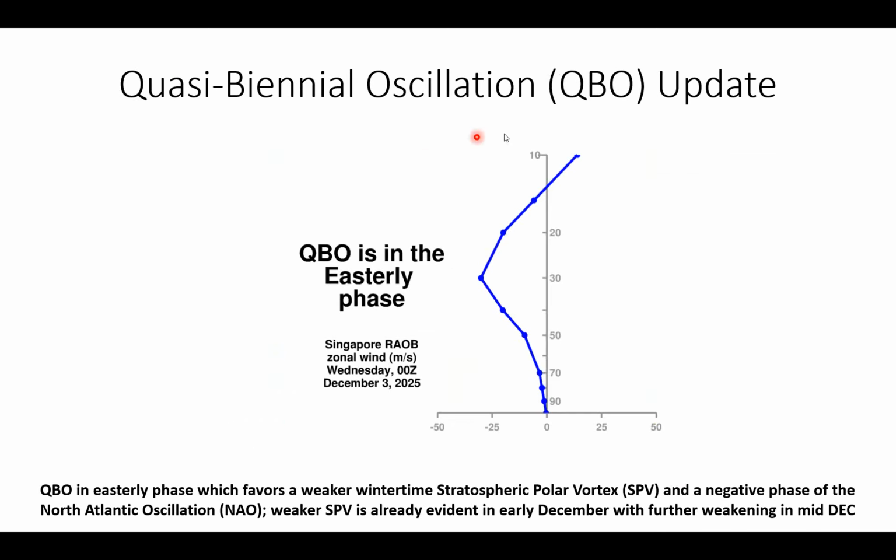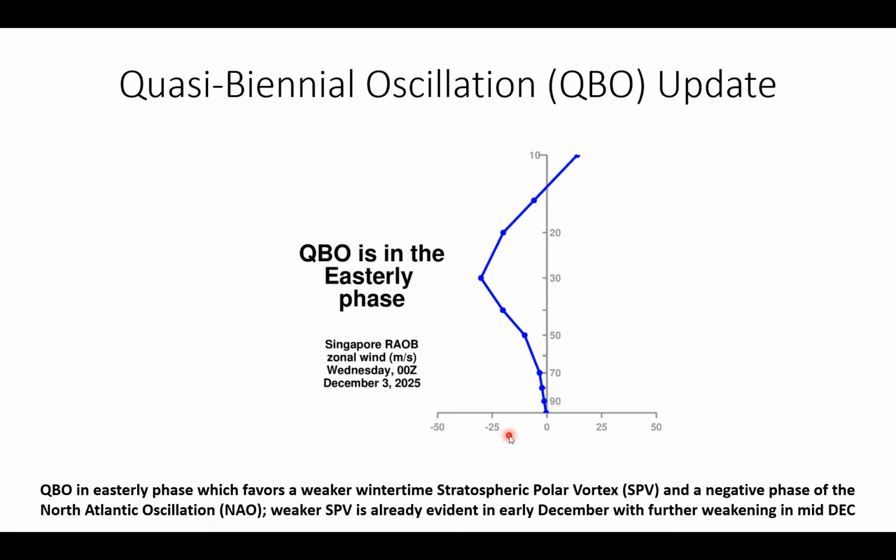We look at the quasi-biennial oscillation, the QBO update from the Singapore radiosonde observations. The blue vertical line here represents your phase of the QBO. Whenever this blue vertical bar is to the left of this vertical gray bar, that generally indicates we have easterlies.